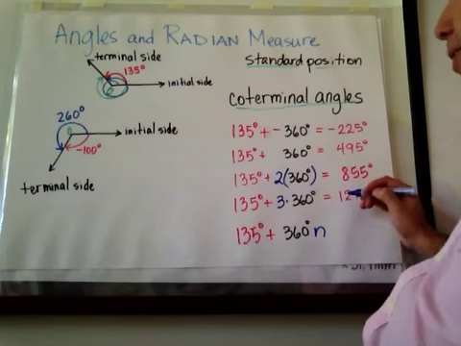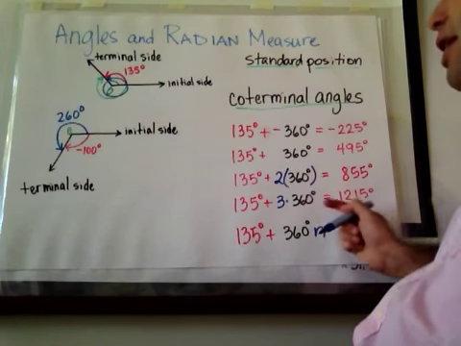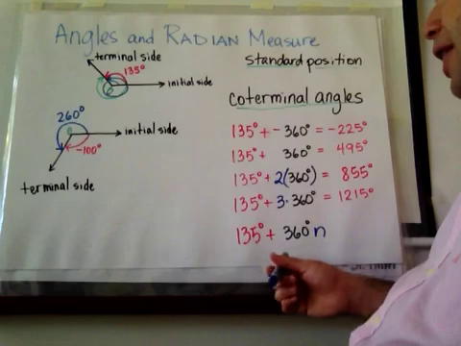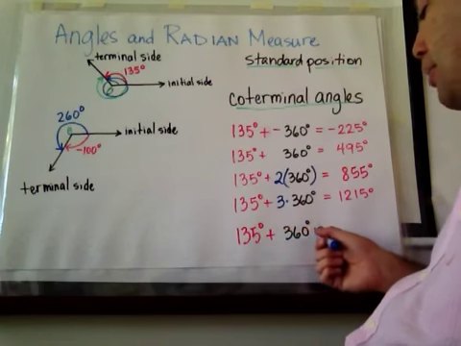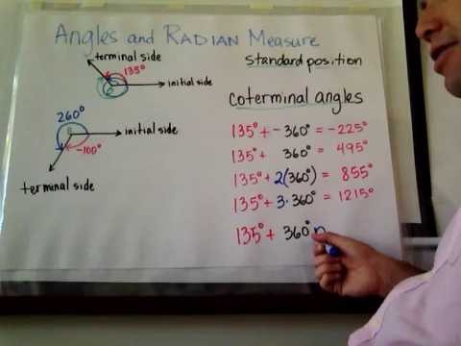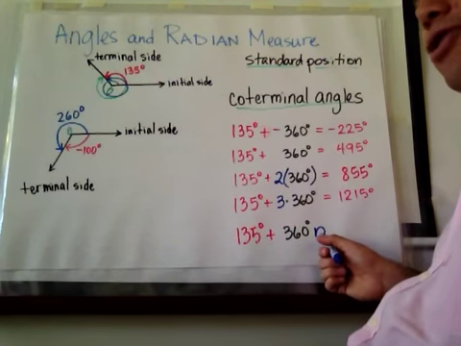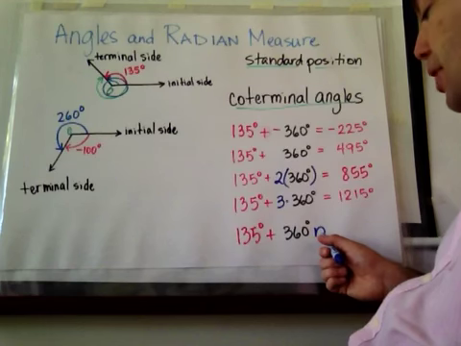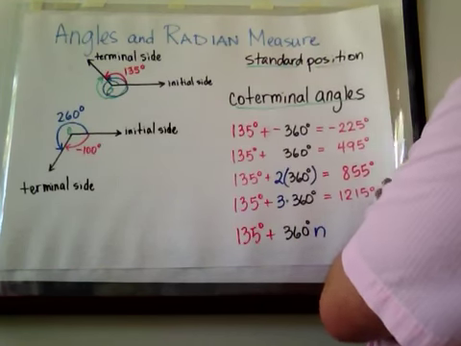All these are coterminal with 135 and with each other. In general, to find coterminal angles, we take one of the angles and add a multiple of 360 degrees, because that's a full circumference. n has to be an integer, positive or negative, but an integer. All right, that's general angles.